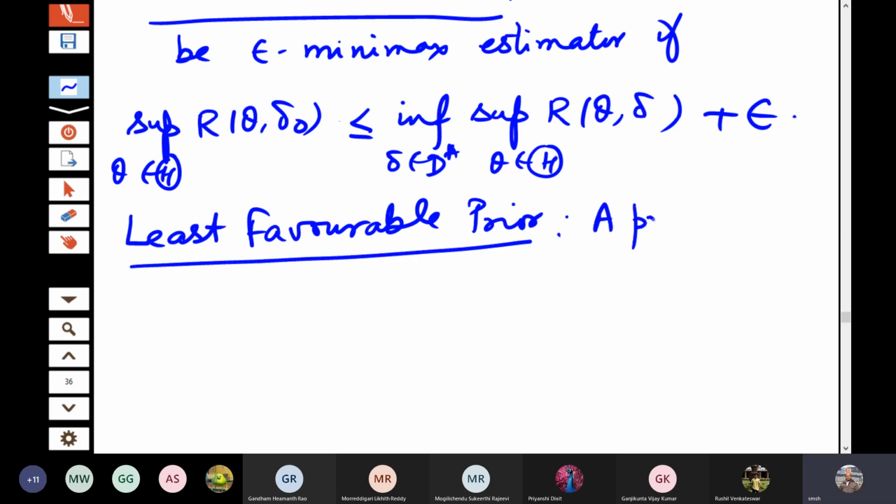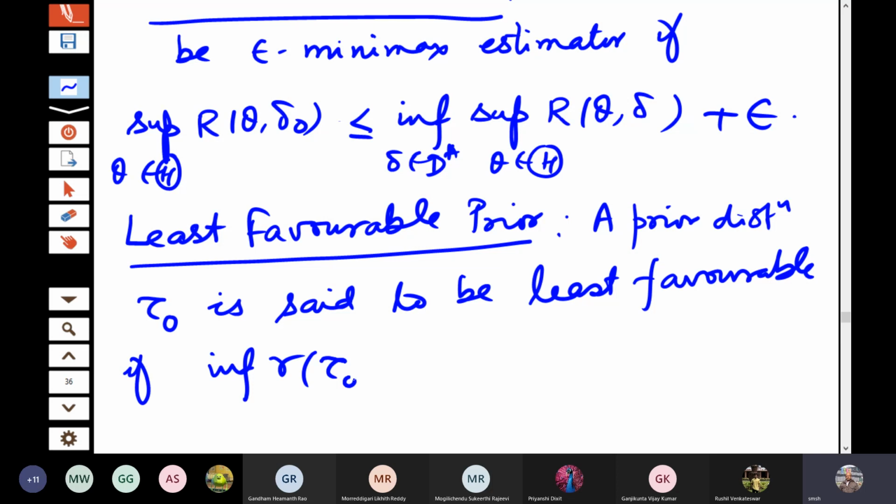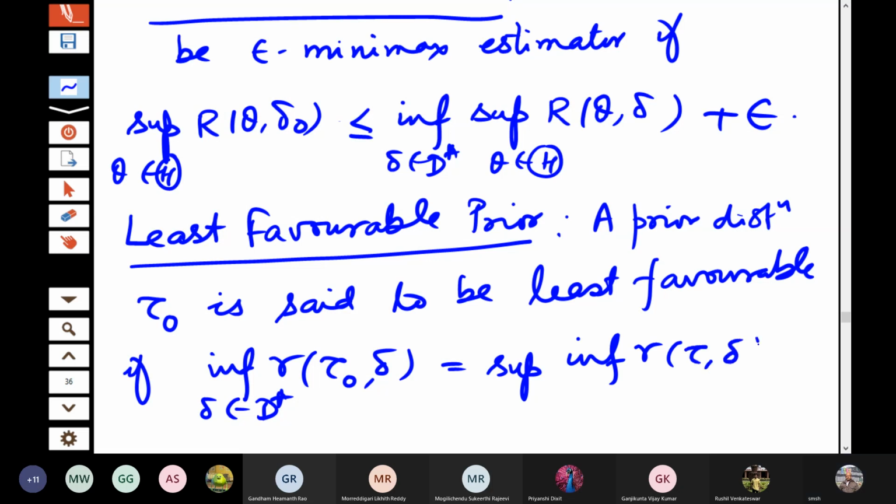So a prior distribution tau naught is said to be least favorable if the minimum Bayes risk with respect to tau naught is the maximum of the minimum Bayes risks among all prior distributions.